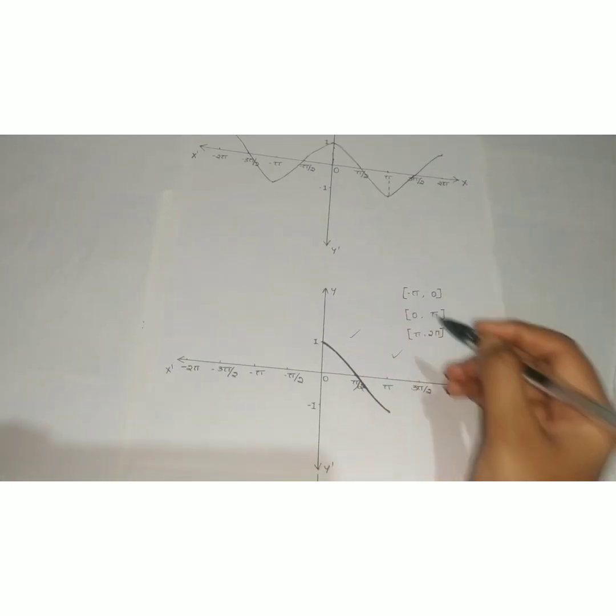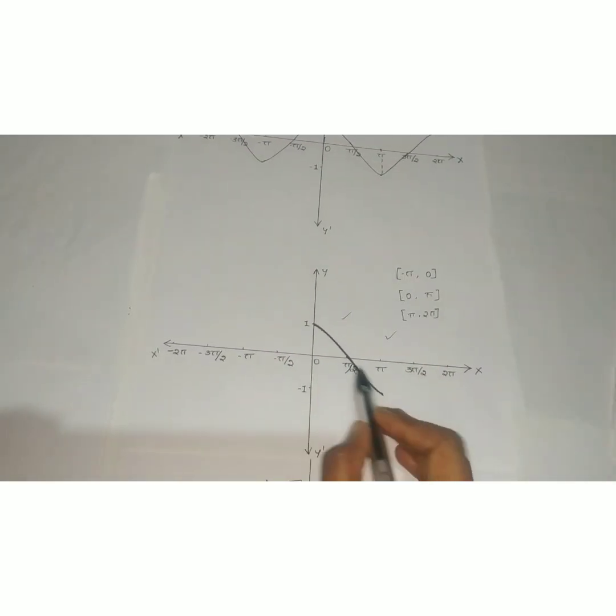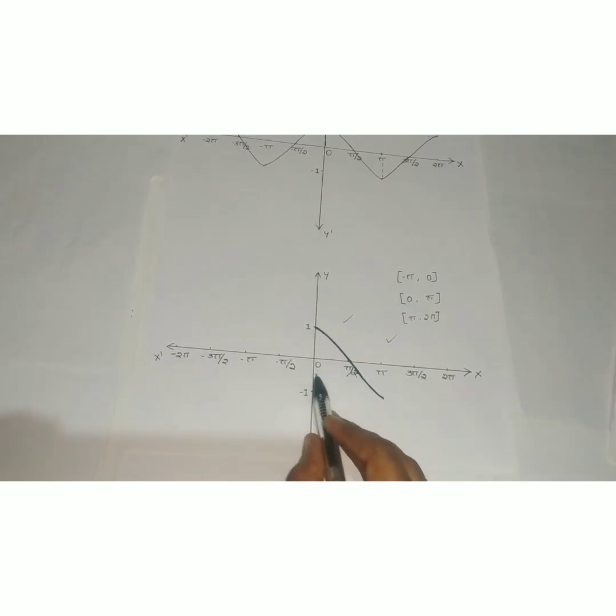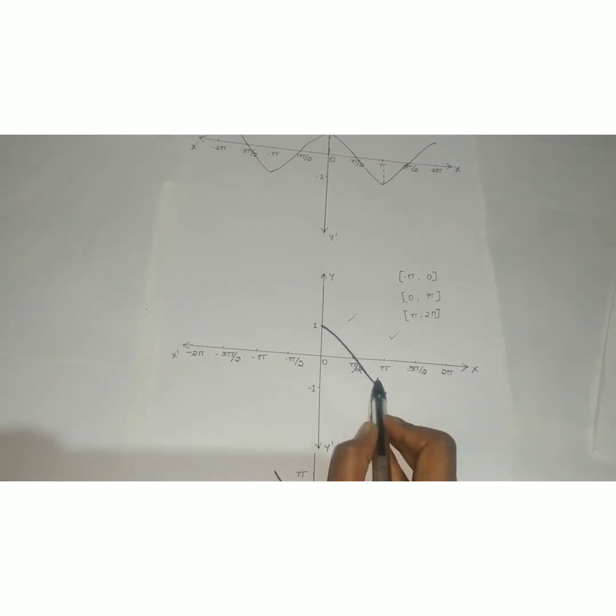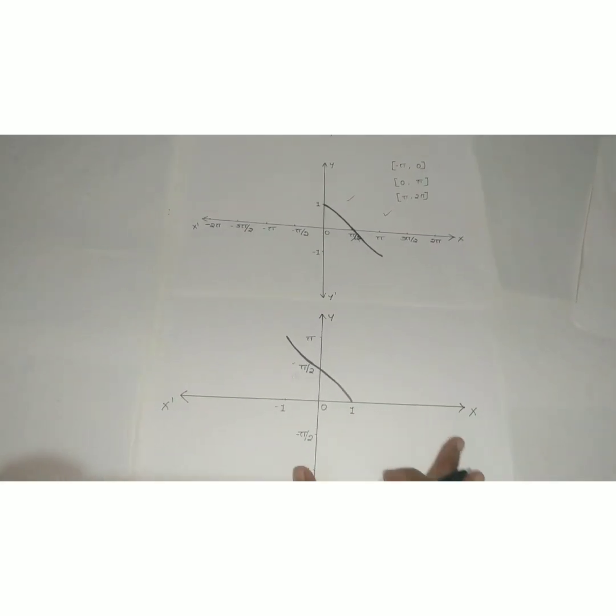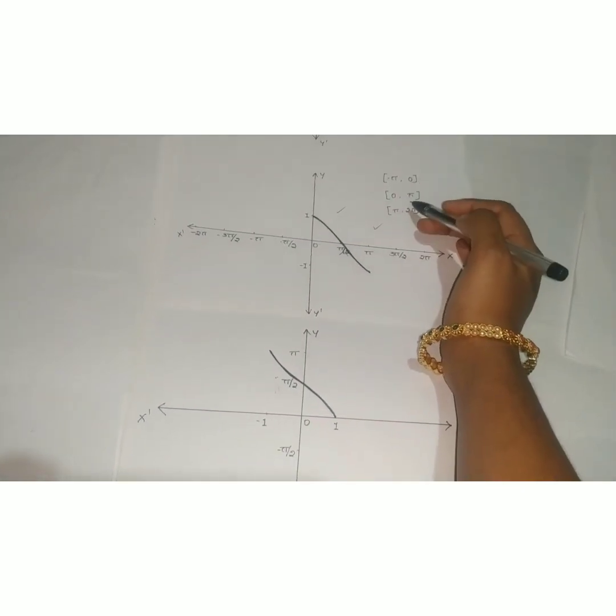So it is a restricted cos function. We restrict the cos function to the closed interval 0 to pi. In the inverse function, we can define the inverse of the cosine function in each of these intervals.